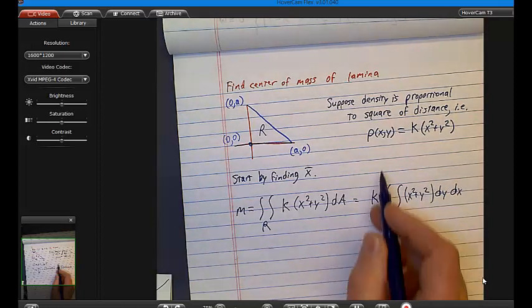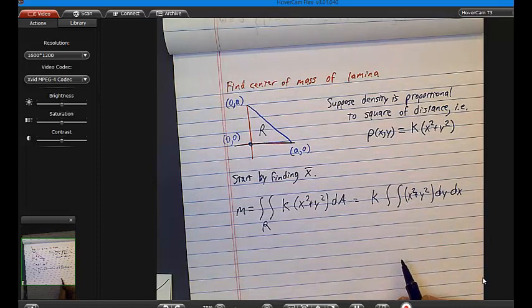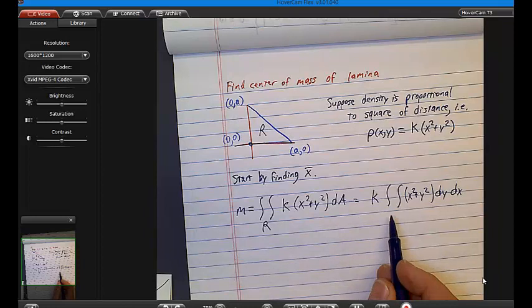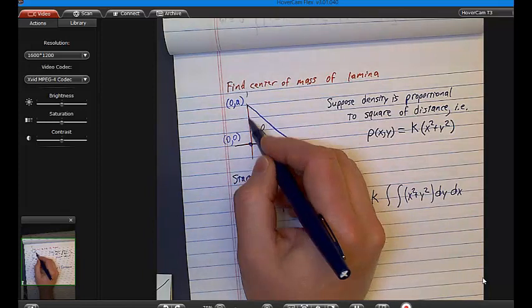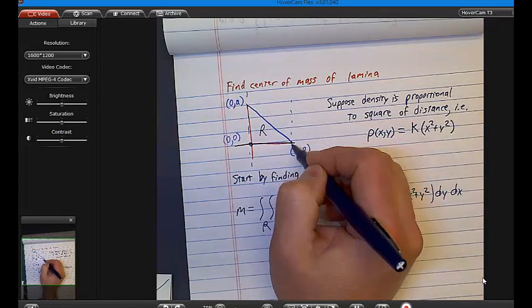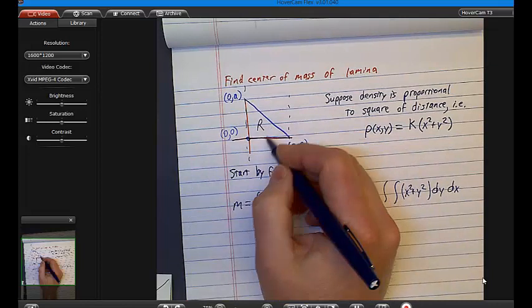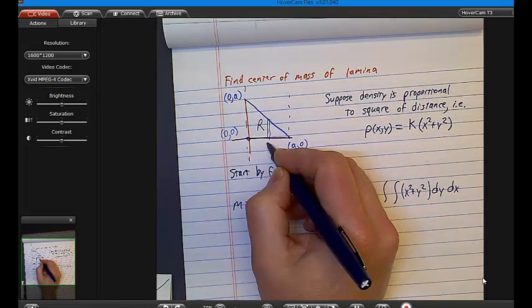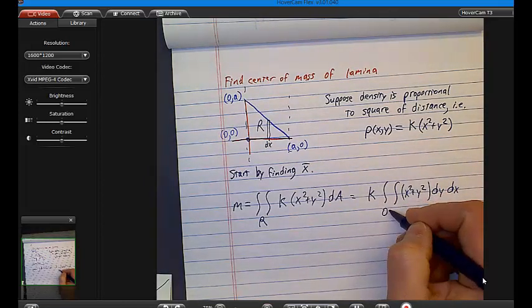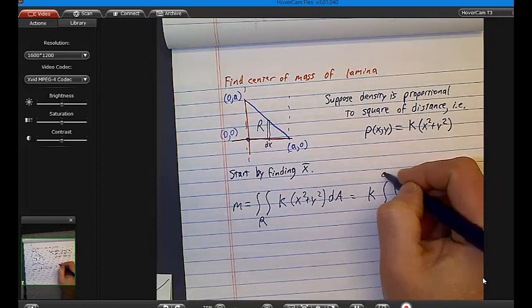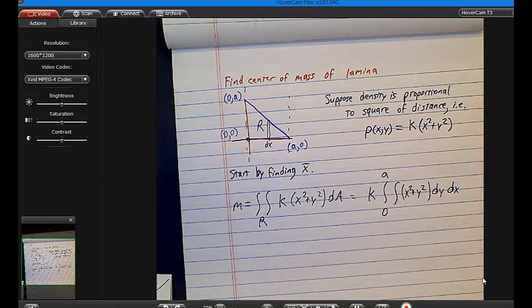Let's fill in the bounds. For the x's, we're doing numbers, right? So these are the boundaries. As we move dx and we get this little dx going on from here to here, it's x equals 0 to x equals what? A, I guess, right? Now the y's are functions of x.